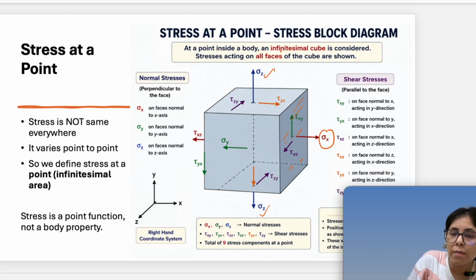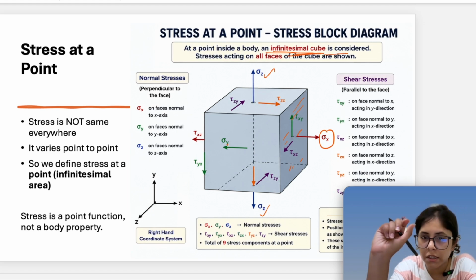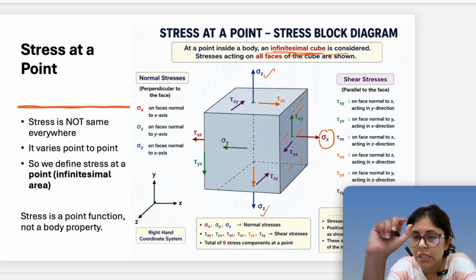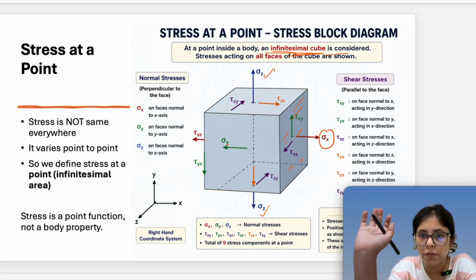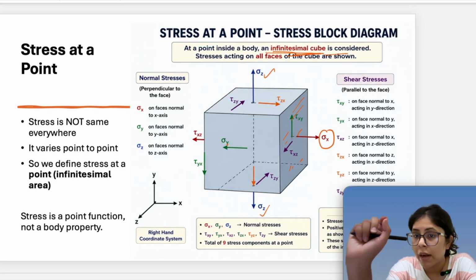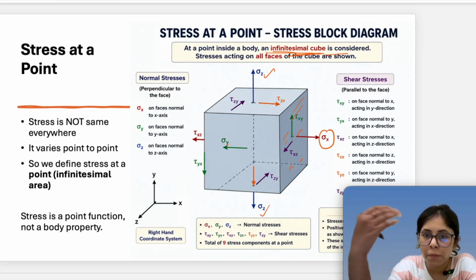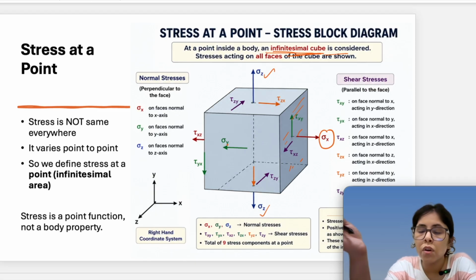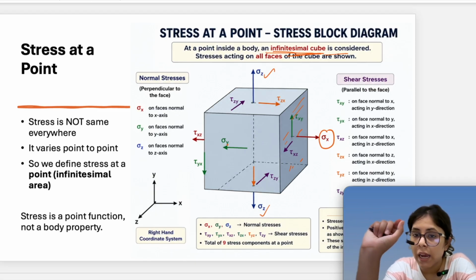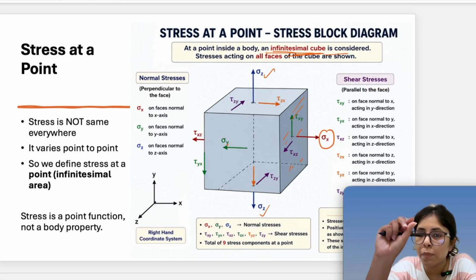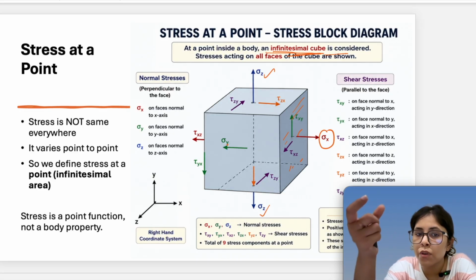At a point inside a body, an infinitesimal cube is considered. This is a very small cube considered inside a material. Stress will be acting on all sides of that material, and obviously stress will not be the same everywhere; it will vary from point to point. So we define stress at a point.